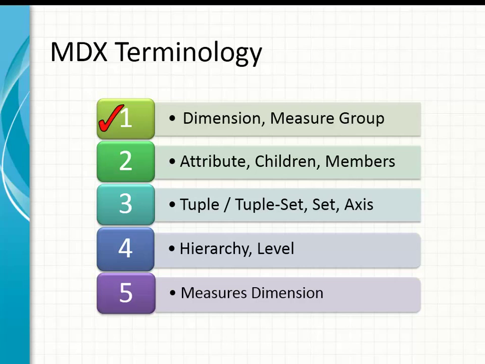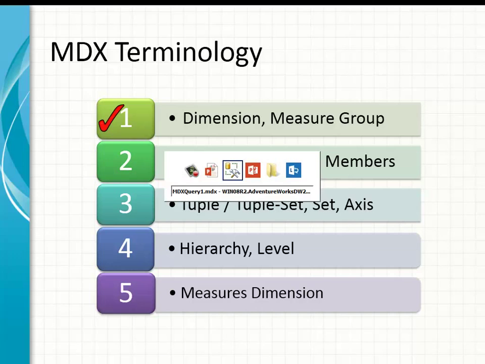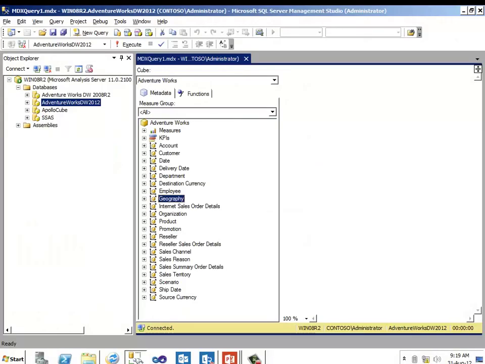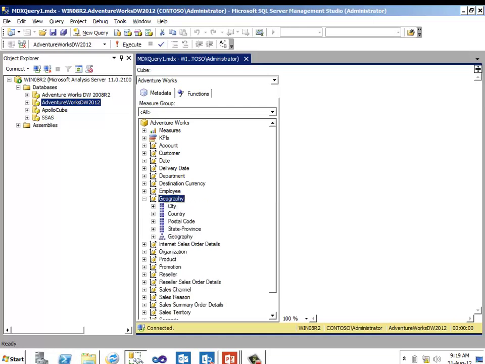After taking a look at dimensions and measure groups, we'll now see what attributes, children, and members are. Let me switch over to SQL Server Management Studio. So what are attributes? Attributes are like columns in a table in an OLTP database. Let's take a look at this geography dimension. There are two types of attributes: attribute hierarchies and user-defined hierarchies.